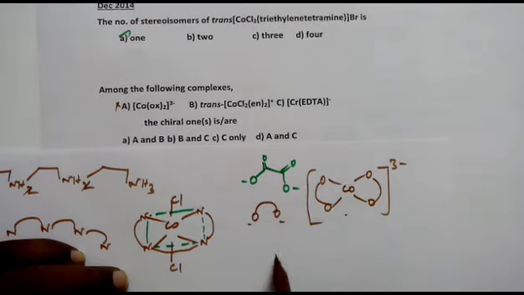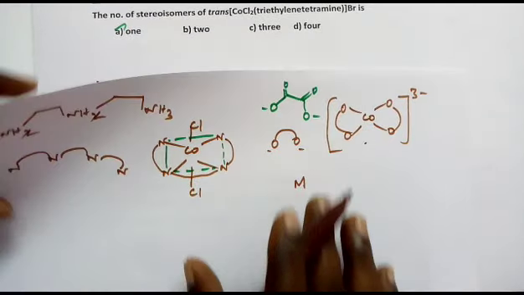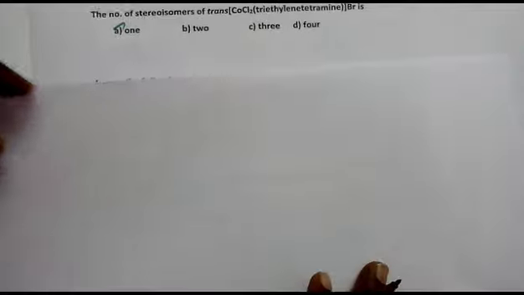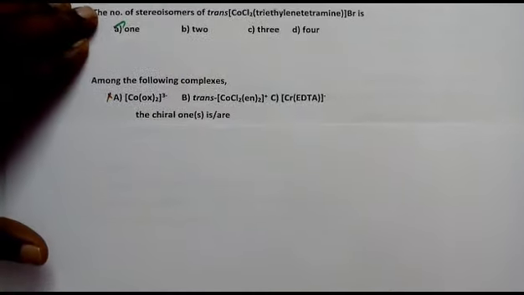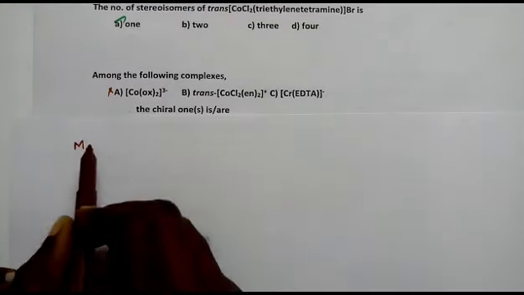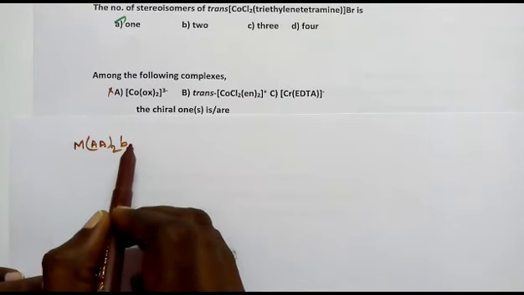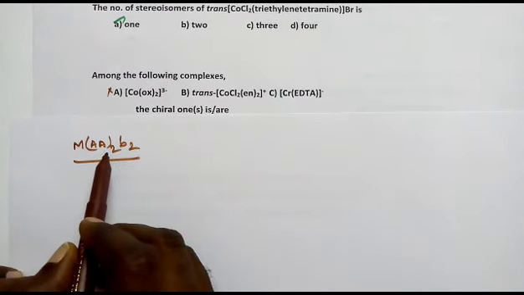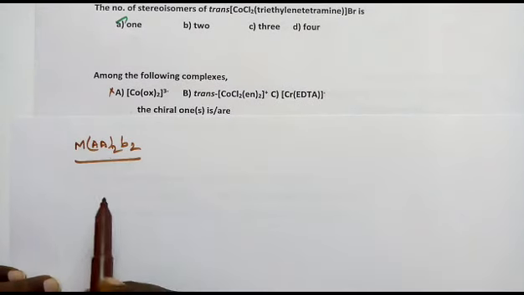That means metal AA twice, B2 type. AA twice represents the 2 ethylene diamine. B2 represents the 2 chlorines.